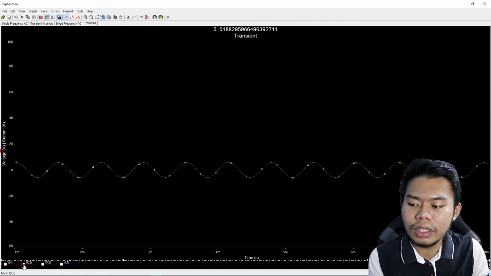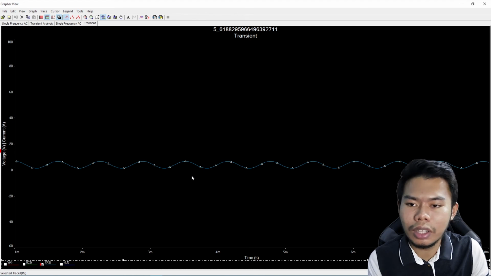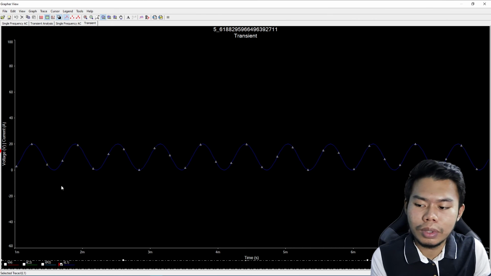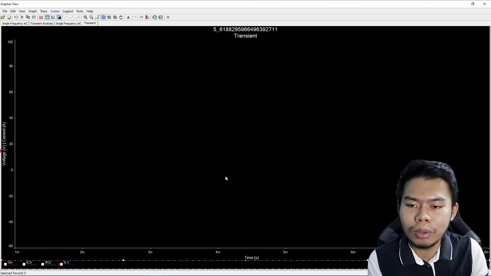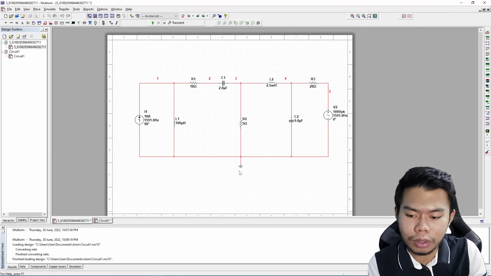Next is the current through the capacitor. This is the graph. And next is the current through the resistor. And the last one is IA, the current through the inductor. So that's all from me. Thank you.